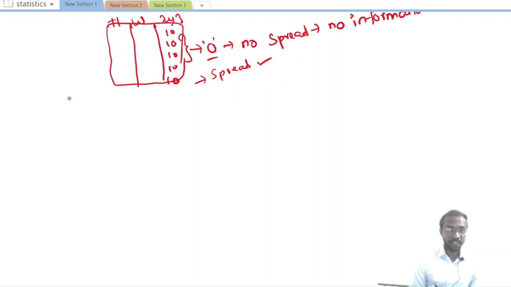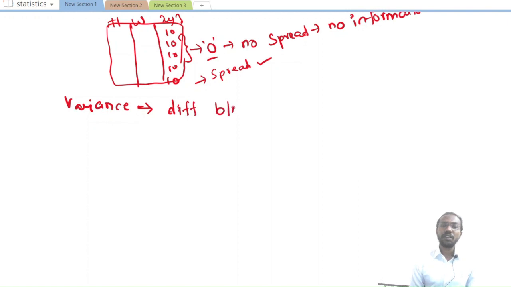Now variance. Don't say that variance is nothing but a formula. The definition of variance is the difference between the data point and the mean, as in total deviation terminology, where we find only the difference. In range, it is the difference between two data points.